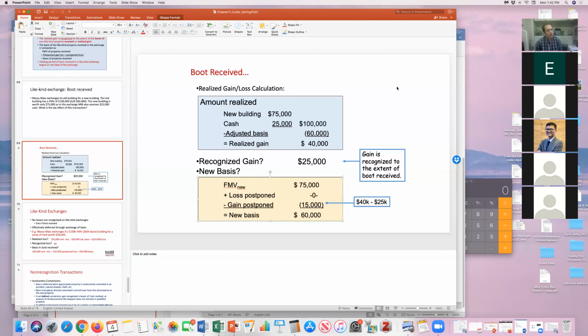Yeah, so let's think through it. What if in this one, the new building was worth 50,000, and they also gave me cash of 50,000. So I still have 100,000 of value that I've received. So my gain would still be 40. And I would recognize the full gain of 40. In that case, my boot is bigger than the gain, but I only have to recognize up to the gain. Okay.